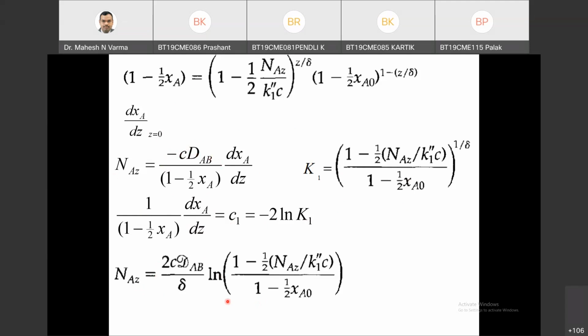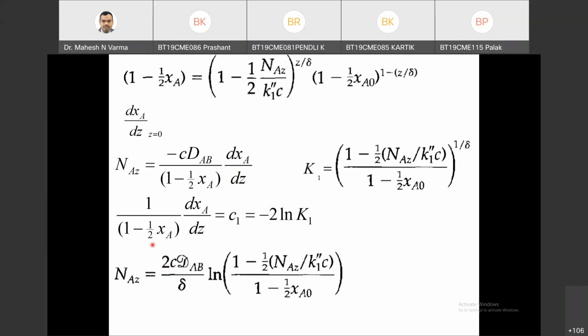So rearrange, use the value of K1, or differentiate this and use at z equals 0. So you will be getting the same concentration profile. Differentiate with respect to z, substitute it here, and you will get the same concentration profile.